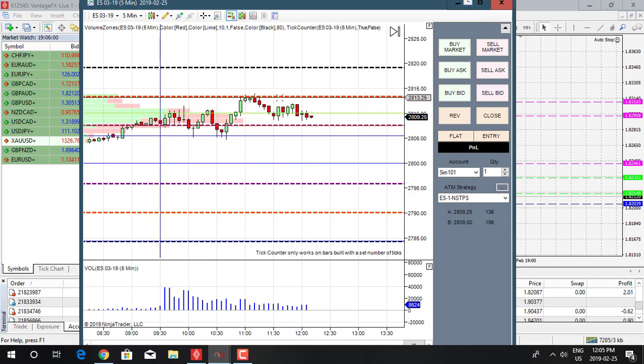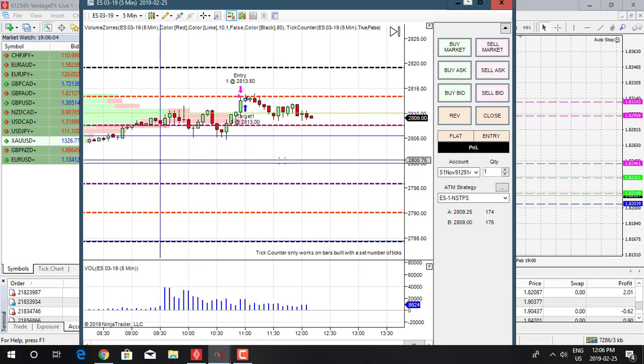So when it reached this Fib level, I shorted it. It was here, so I got in at 28.13. I went for 2 ticks on the ES futures, E-mini S&P 500 futures.